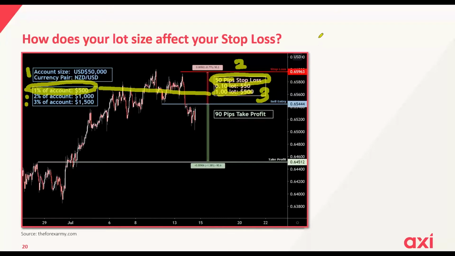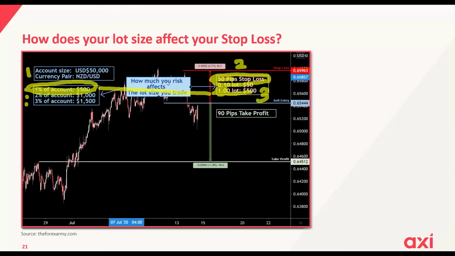So every trade is different, and that is the important thing you need to know. Essentially, how much you risk affects the lot size that you trade. So don't just go randomly placing 0.1 lots, 0.2 lots every time you trade. You need proper risk management, because trading by itself is hard enough. You need to employ proper risk management to ensure that you have the highest chance of being correct.